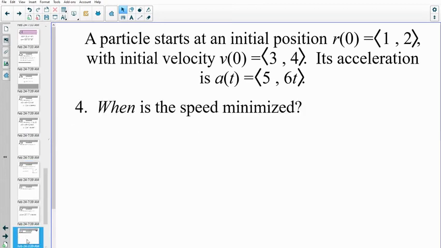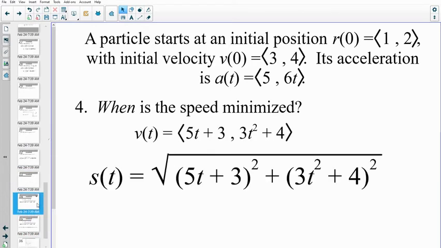And then finally, when is the speed minimized? We're back to derivatives, except I'm taking the derivative of this speed function. The speed function is the square root of the sum of the squares of the components. So if the x component of my velocity is 5t plus 3, plug that in. Y component of the velocity, 3t squared plus 4, plug that in.